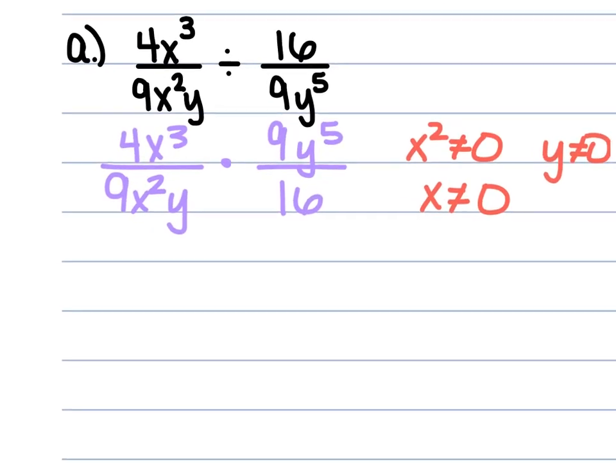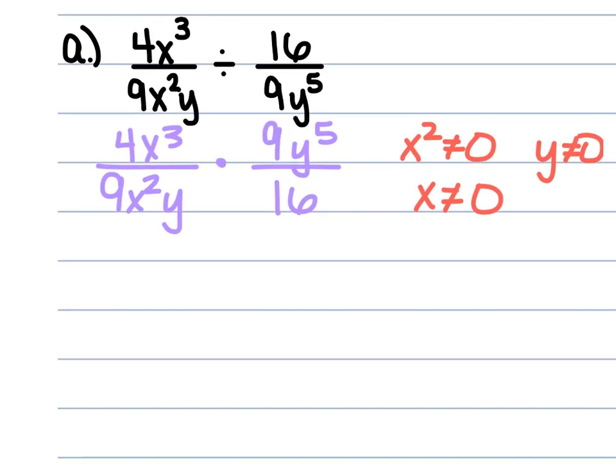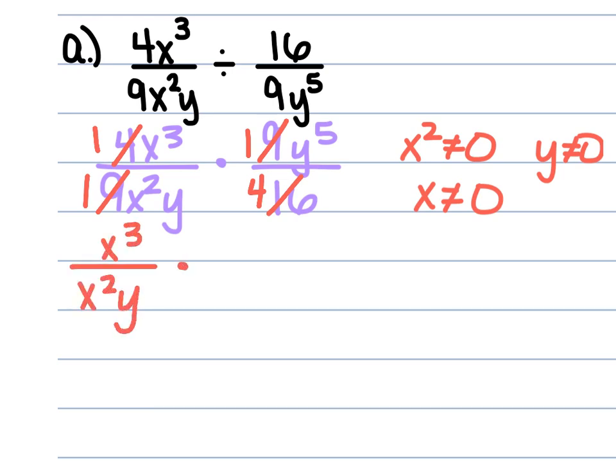So from here, you can simplify before you multiply or multiply straight across. Totally up to you. I would simplify before I multiply. The 4 would become a 1. The 16 becomes a 4. The two 9s become 1s. You now have x cubed over x squared y times y to the fifth over 4.